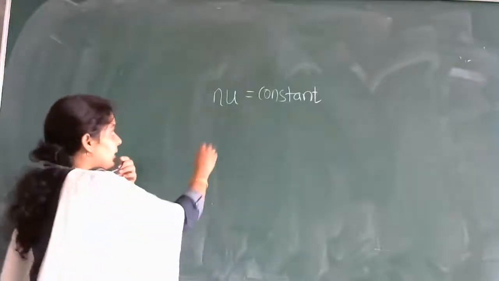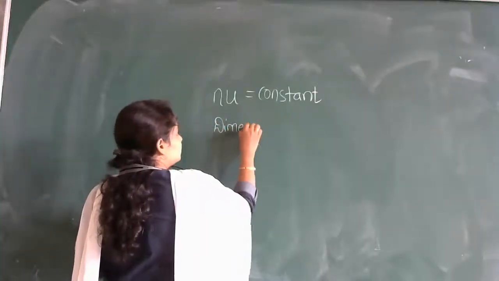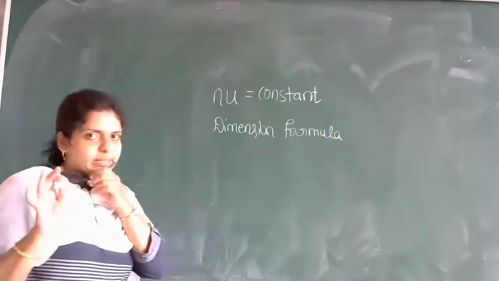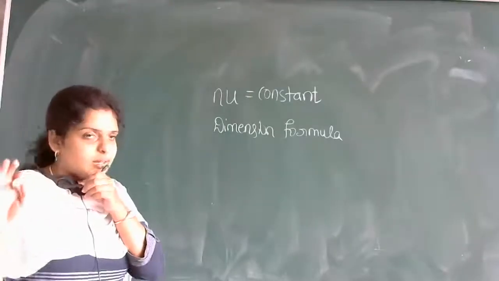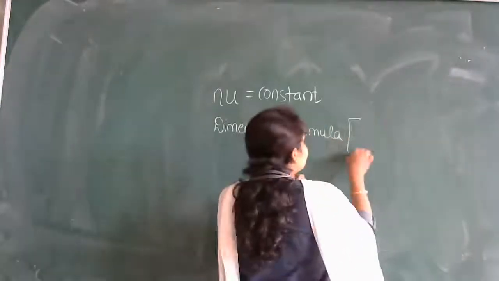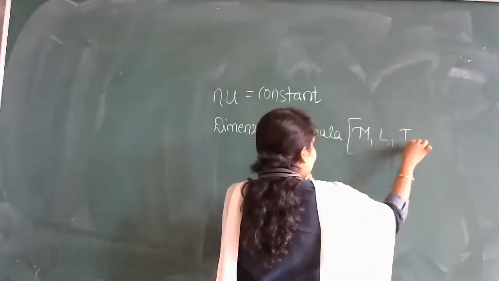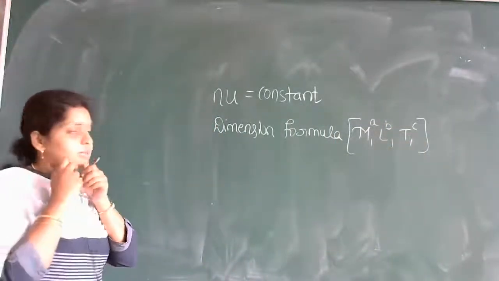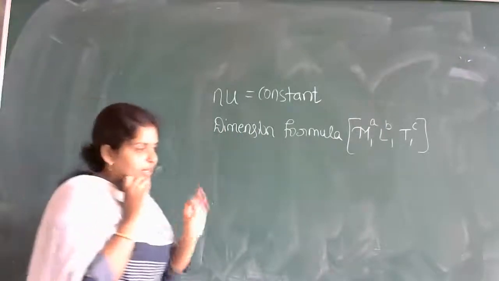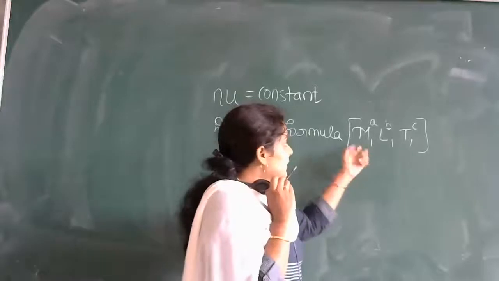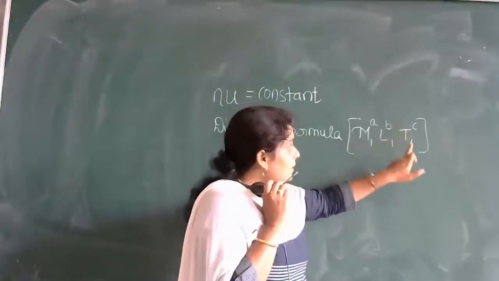So I'll write the dimension formula of a physical quantity in one system, either SI, MKS, FPS, CGS, anything. I am not mentioning any particular system because I am writing in general. The dimension formula of a physical quantity in one system is written as M1 raised to a, L1 raised to b, T1 raised to c.